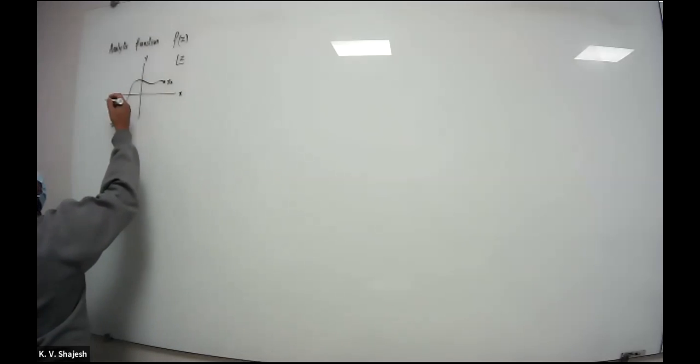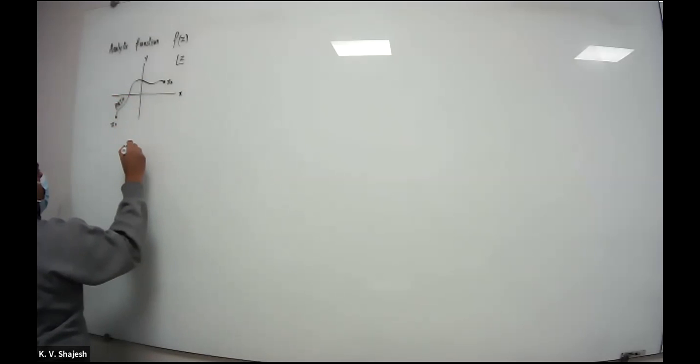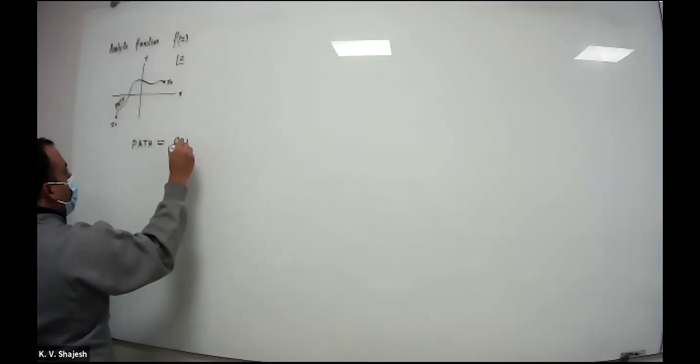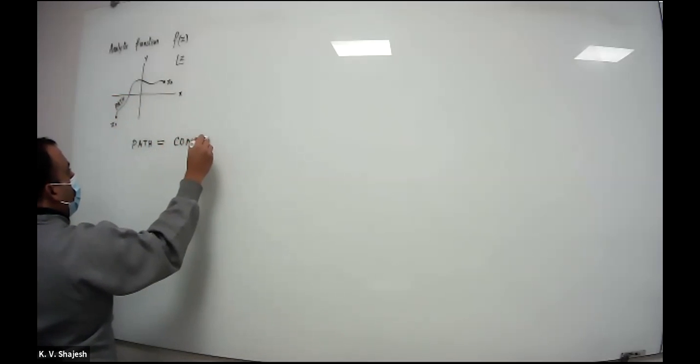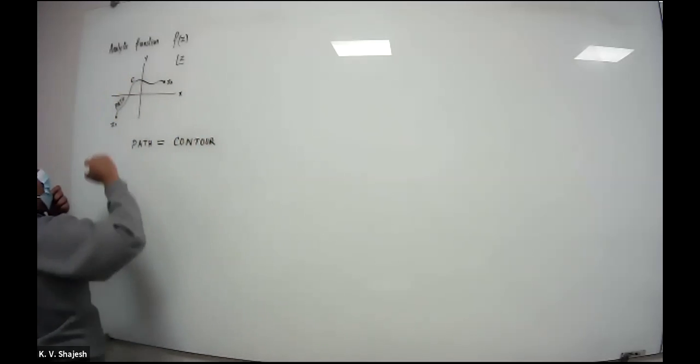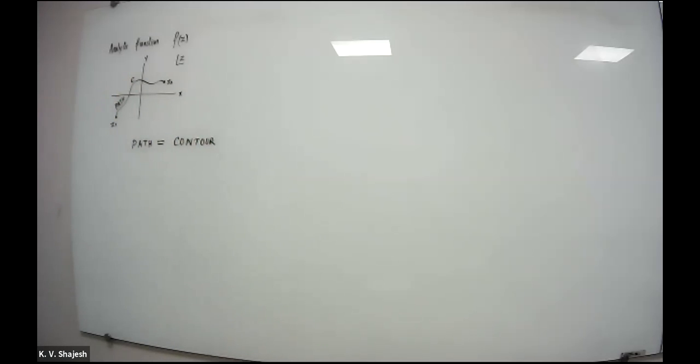Right? So often we call it contour. So for now, let me say path. So the path in this context is called a contour, often represented by the letter C.